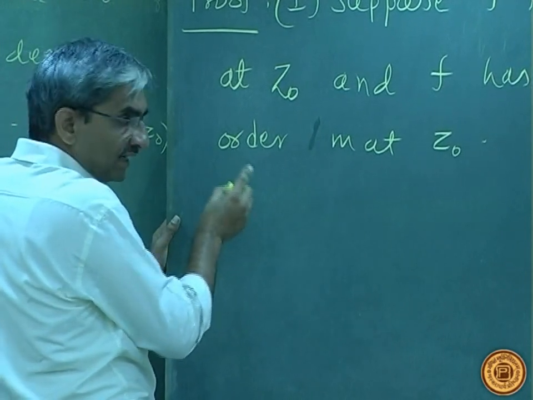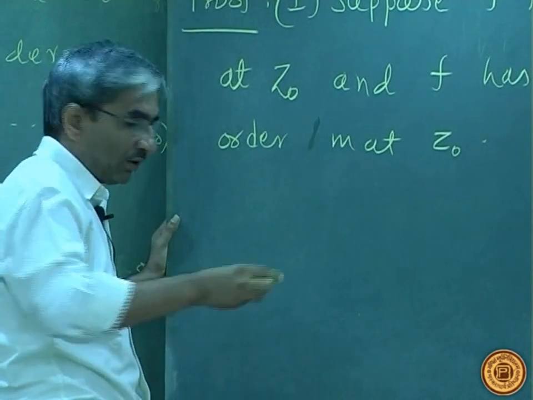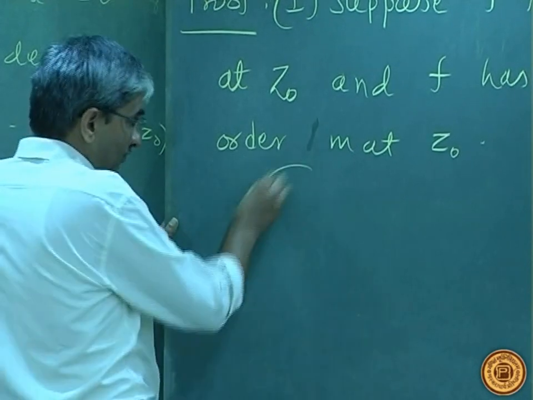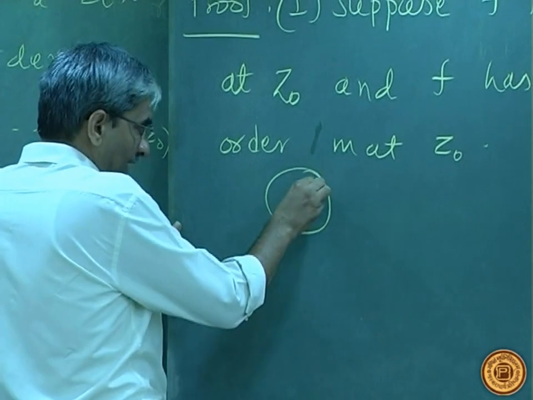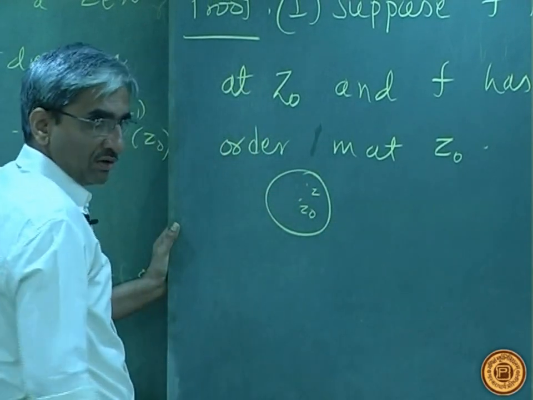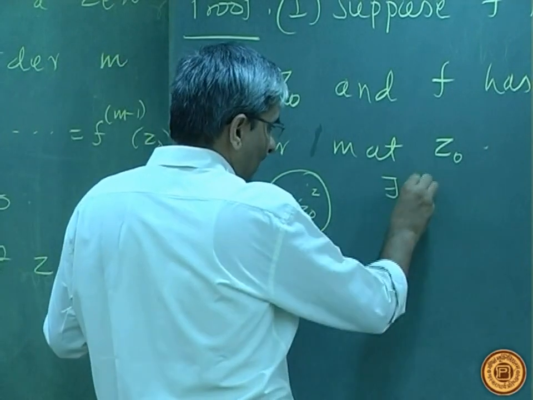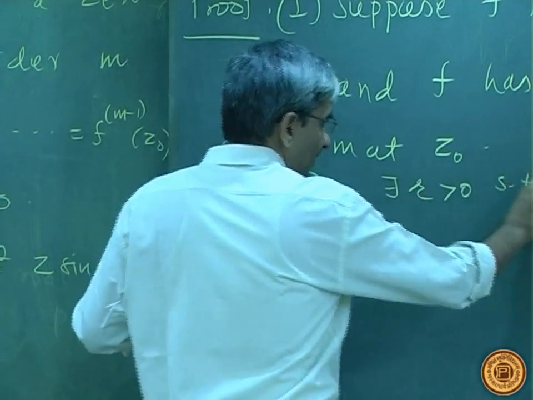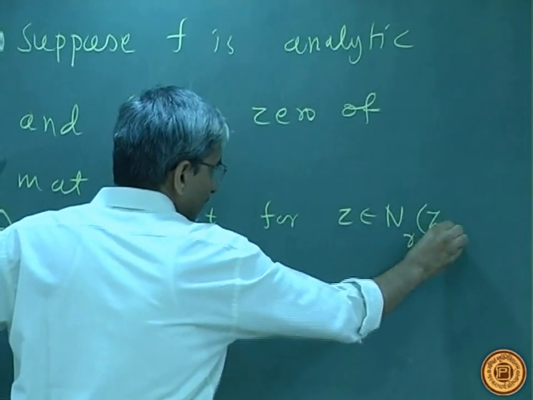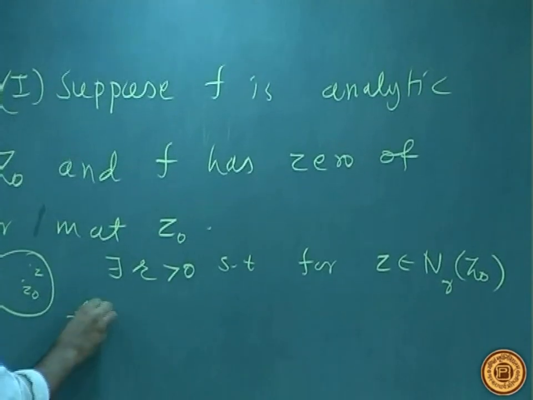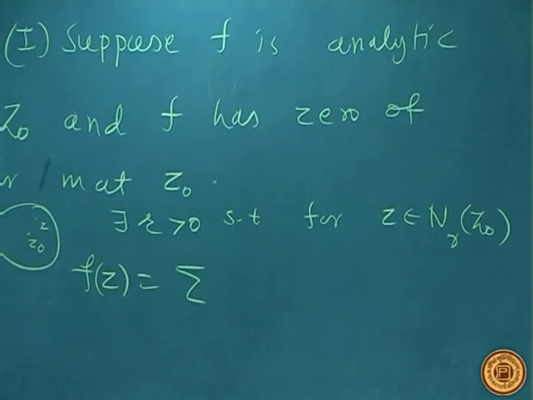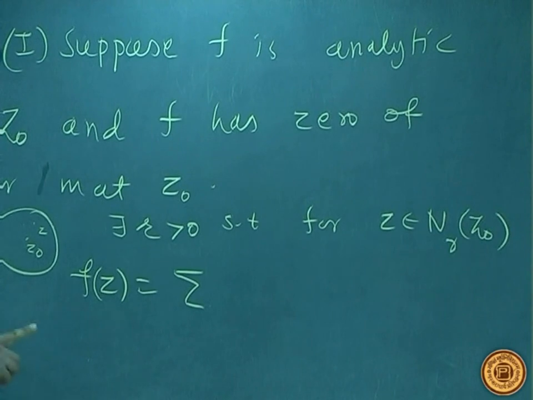f is analytic at z naught means there is a neighborhood of z naught in which f has a Taylor series expansion. That means you have this neighborhood. So for any z, you can write f(z) in terms of powers of z minus z naught. So there exists R positive such that for z in the neighborhood of z naught, f(z) can be written as sigma a_n (z minus z naught) to the power n.